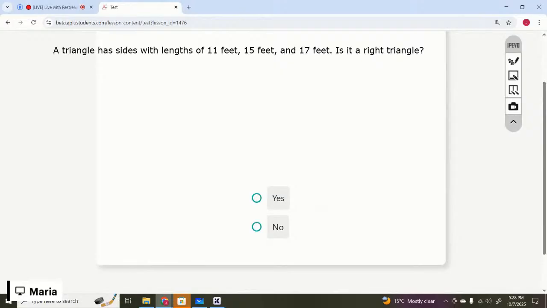A triangle has side lengths of 11 feet, 15 feet, and 17 feet.